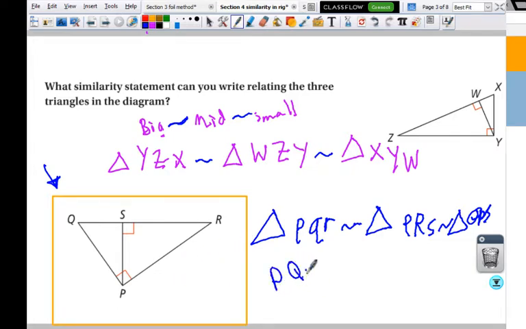Yeah. Write it down please. 90-degree corner, SPR. And then SQP.